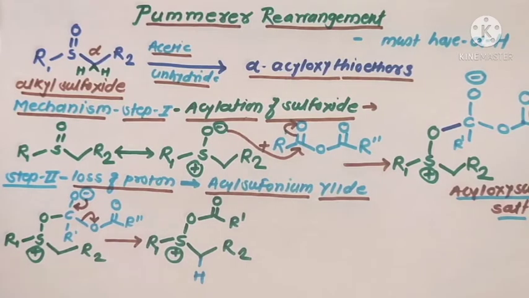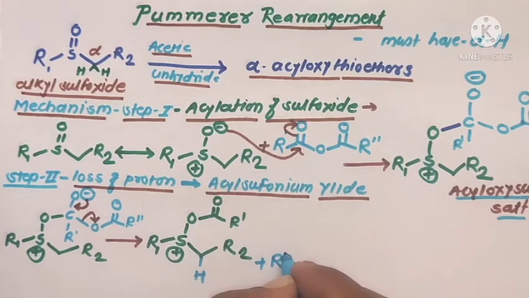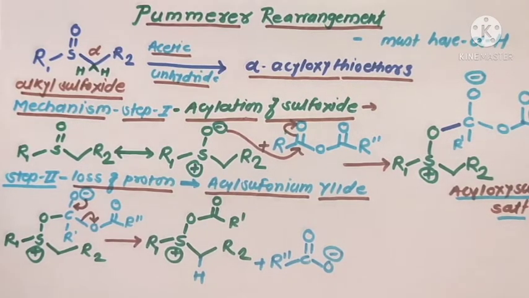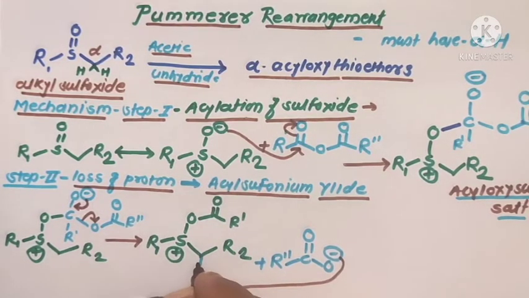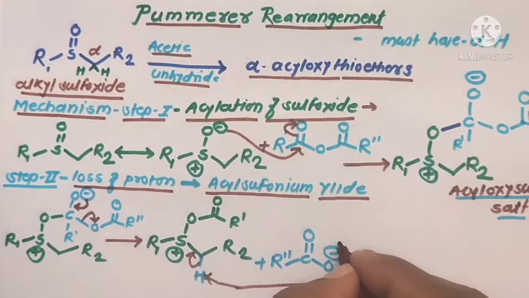Now there is abstraction of a proton, that is loss of a proton from the alpha carbon atom. This proton can be abstracted by the R'' C double bond O, O minus ion, the acylate ion. It abstracts H plus, then the bonding electrons shift toward the carbon-sulfur atoms to form a double bond from a single bond.